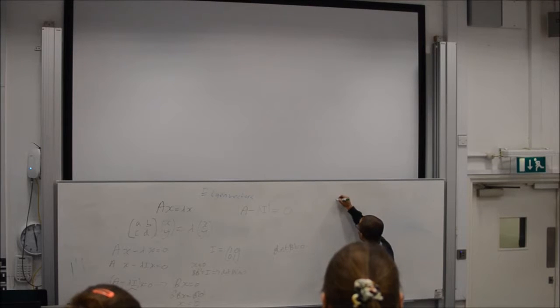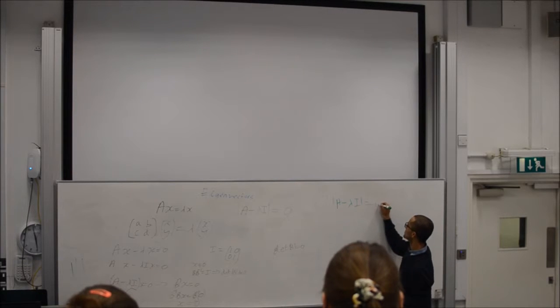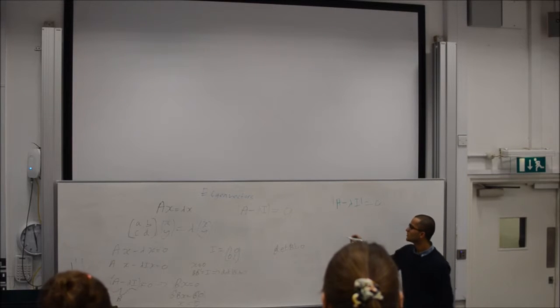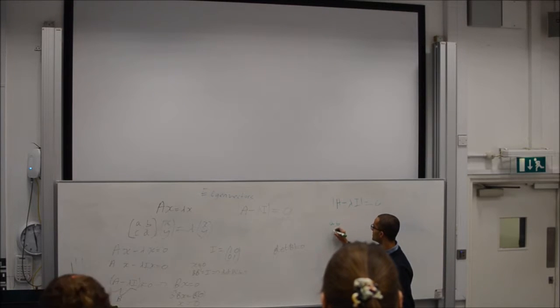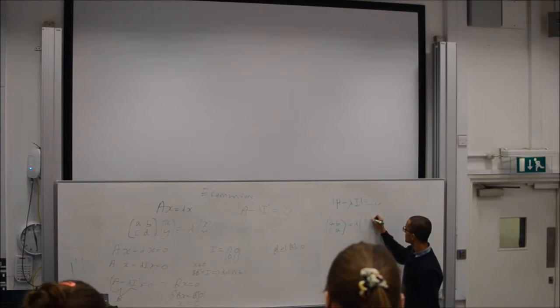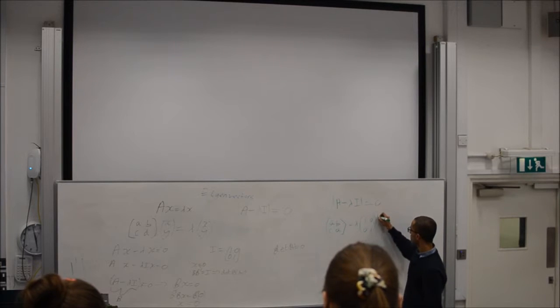So, A minus lambda I, determinant is equal to 0. These two lines just mean work out the determinant of whatever's inside. So if we give the general case a, b, c, d, that's our A, minus our lambda times by identity, 1, 0, 0, 1.